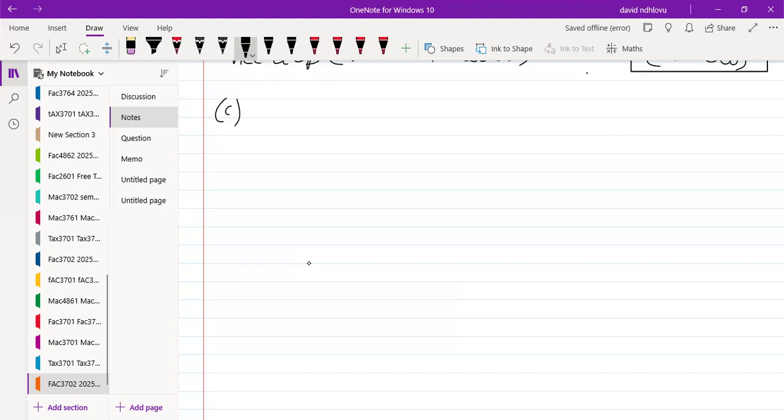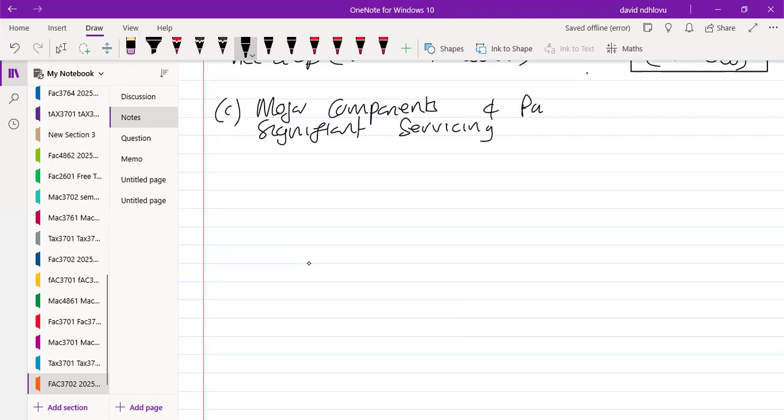Let's say, significant or major components, that's the word. Major components, significant servicing, major components and parts.